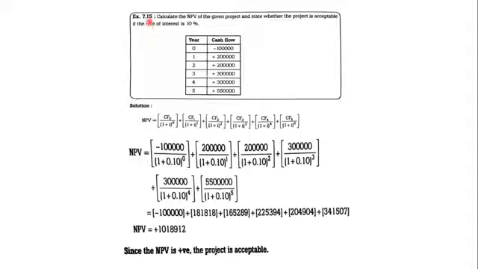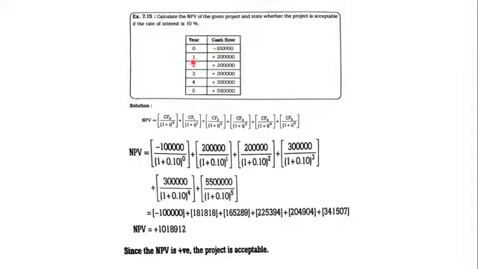The first problem states: calculate the NPV of the given project and state whether the project is acceptable if the rate of return is 10%. Basically they have given 5 years of cash flows. For year 0 it is negative 1 lakh rupees.